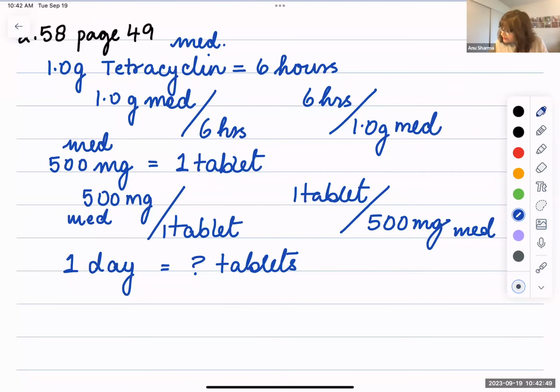Let's count this here. First of all, how many tablets in 6 hours?